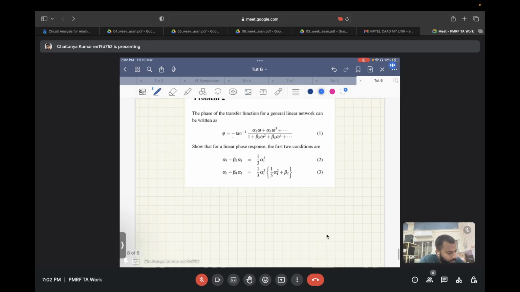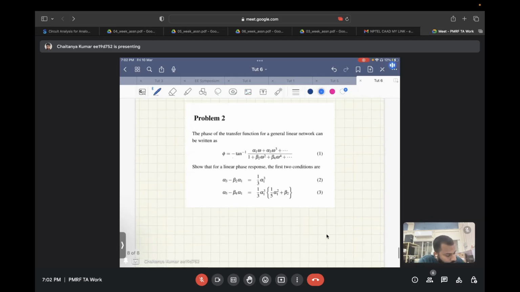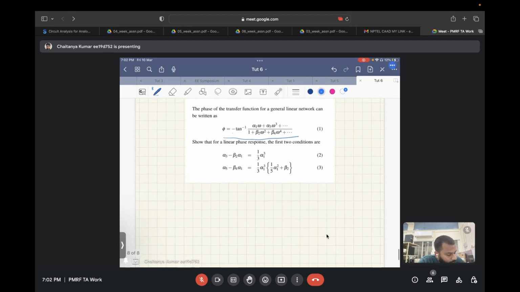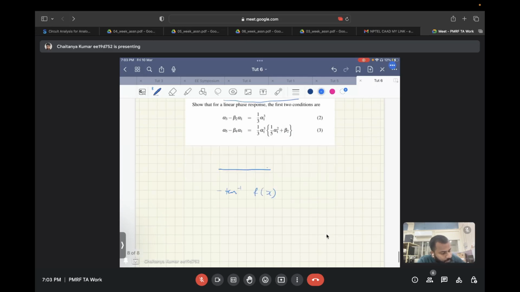Okay, let me do it in the following way. So phi you have, and if you wish to take the derivative of this, what you will have is minus tan inverse of some f of omega, right?